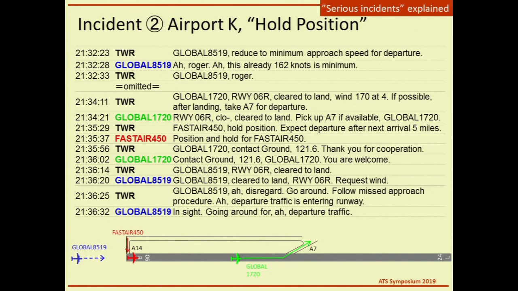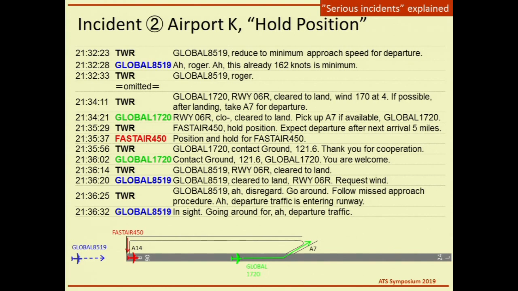Pick up Alpha 7 if available, Global 1720. Fast Air 450, hold position. Expect departure after next arrival 5 miles. Position and hold for Fast Air 450. Global 1720, contact ground 121.6. Thank you for cooperation. Contact ground 116, Global 1720, you're welcome.